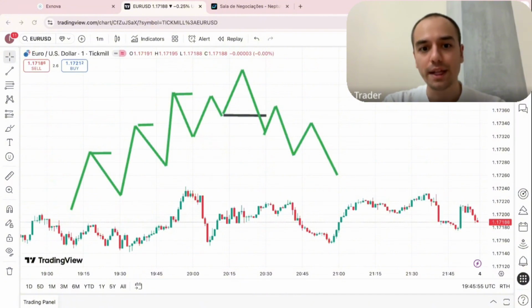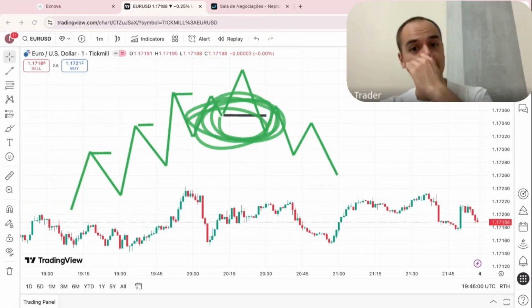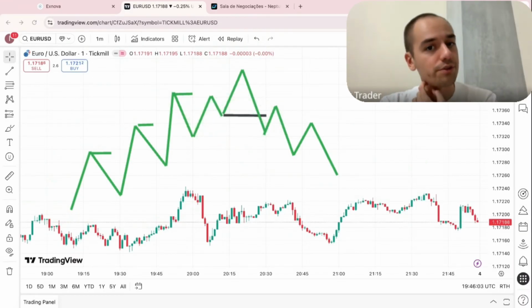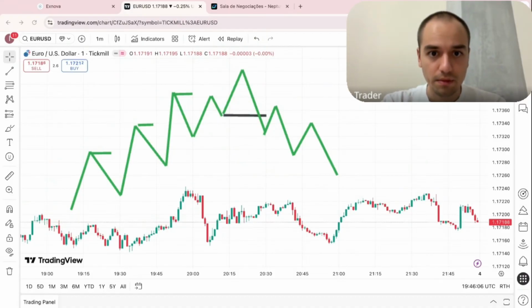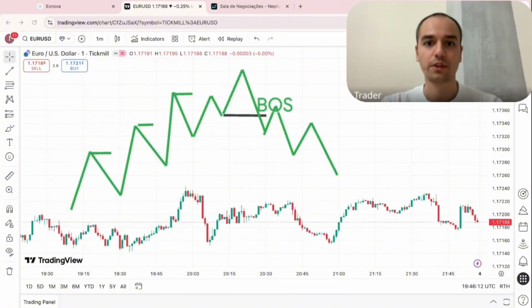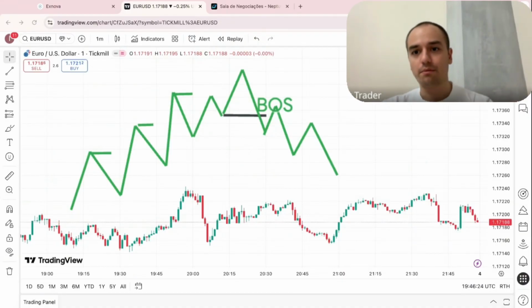If you look here, this black line, it would act as a break of structure. We would call it BOS. This is where we would essentially see the trend reversing. So BOS, break of structure, is the situation on the market when the price is unable to go higher than the previous high or lower than the previous low. That's how we get the break of structure.